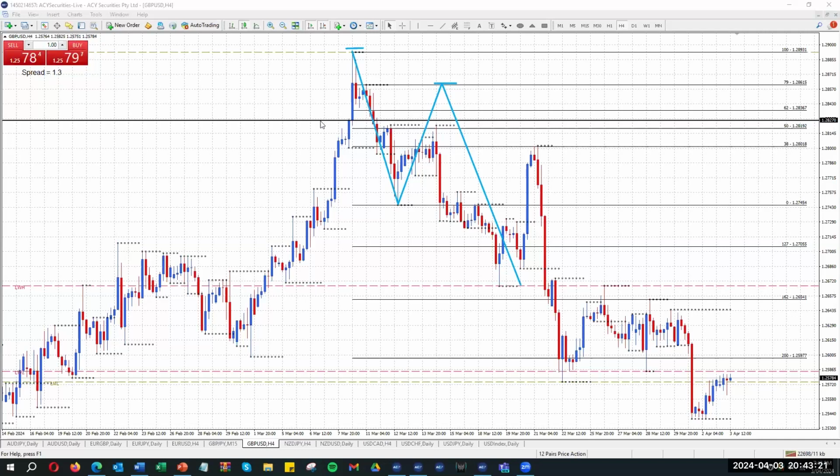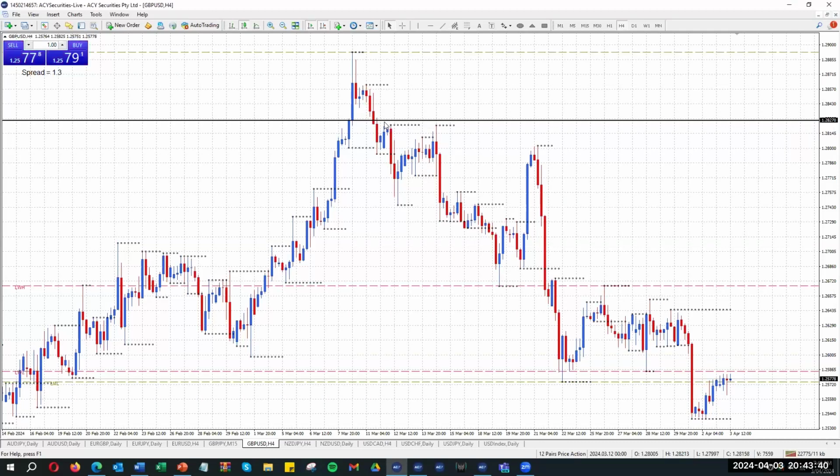And sometimes all that happens once we false break a high is we just come up to retest the high and nothing else. Sometimes we don't even get up to respect the high, because you can see here that we don't respect the high. That's the resistance level. So come down to here.